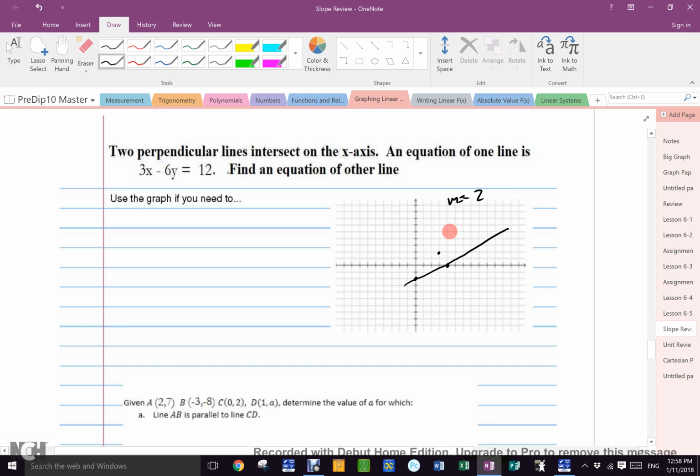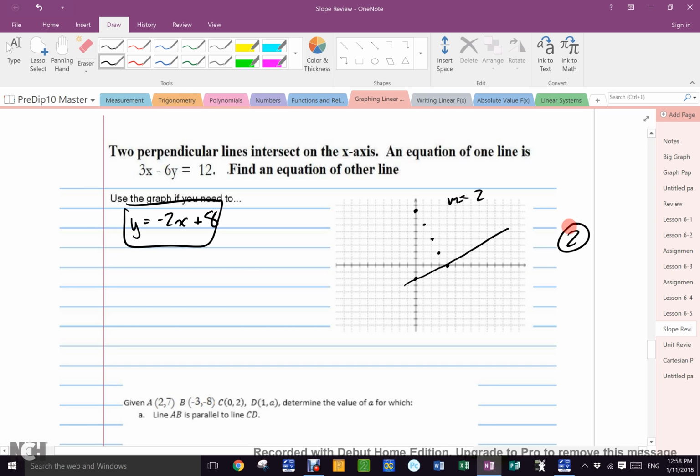If I have the y-intercept, do I then get the equation of the line? Yes. Up 2 over 1, and there it is: 1, 2, 3, 4, 5, 6, 7, 8. So y equals negative 2x plus 8. That gets you 2 marks.